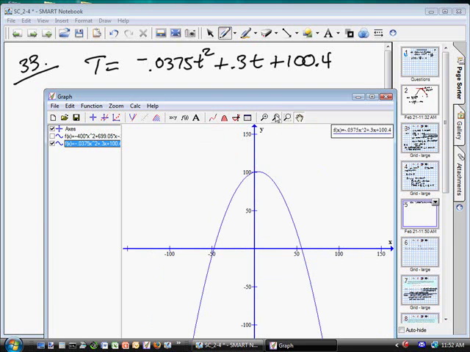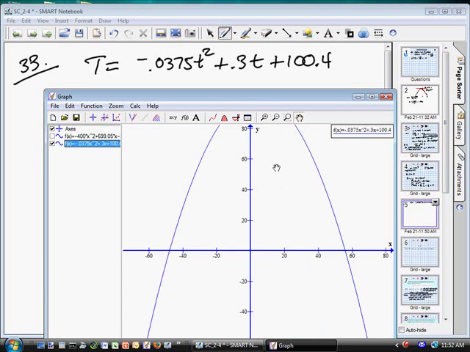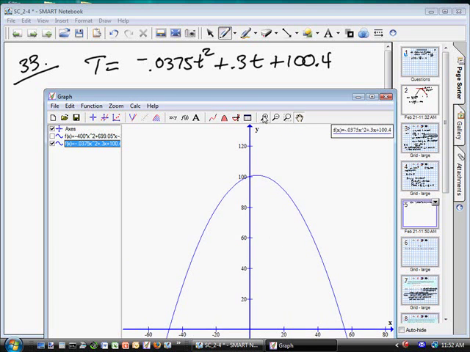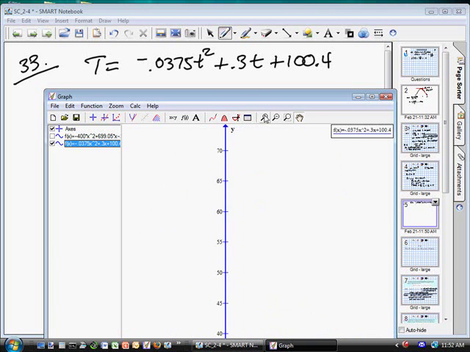That depends on where, doesn't it? Obviously, we're not going to do negative time because that would be before you got a fever. So the left portion of this graph obviously is not going to do much, right? So it looks to me like if I zoom in a little bit here, I would just make this comment.